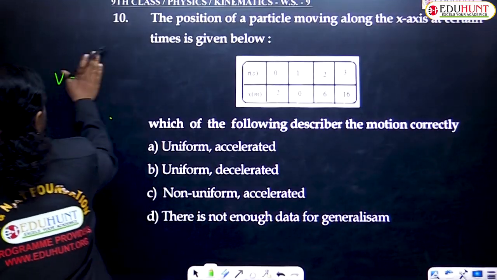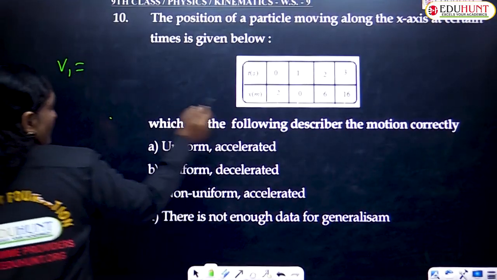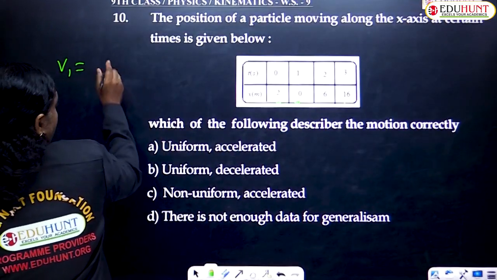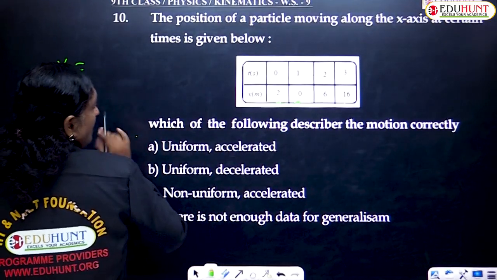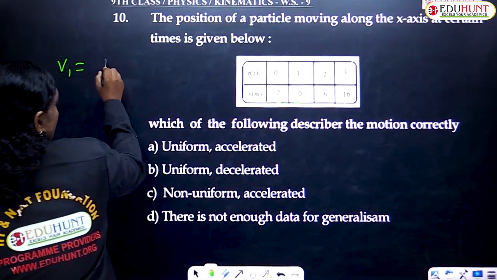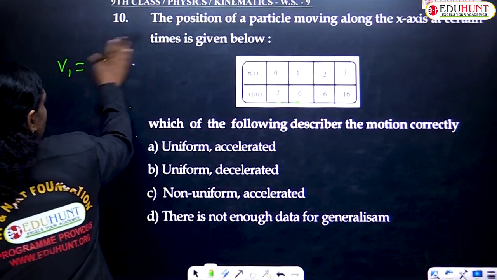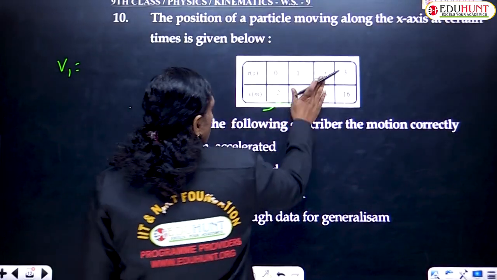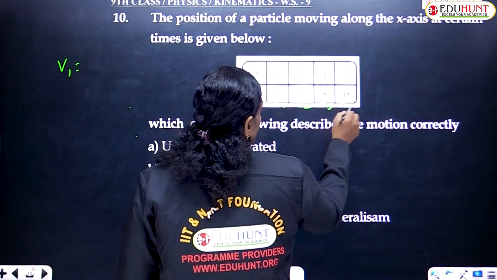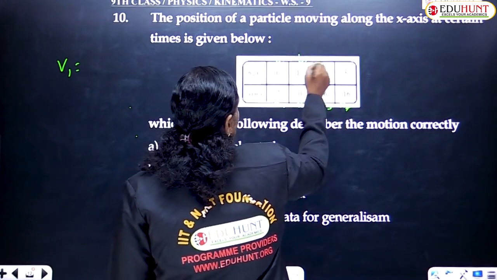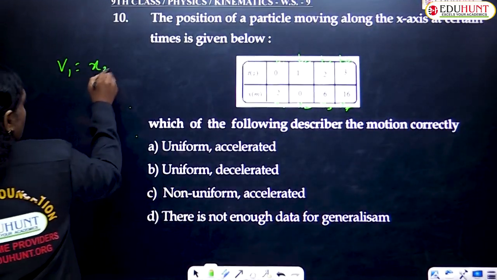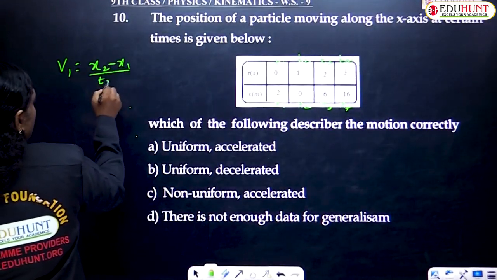If you would like to find v1, the first velocity from here to here, it is nothing but x2 minus x1 by t2 minus t1. For your clarity, I am representing x1, x2, x3, x4 and times t1, t2, t3, t4. This is better. So v1 can be written as x2 minus x1 by t2 minus t1.